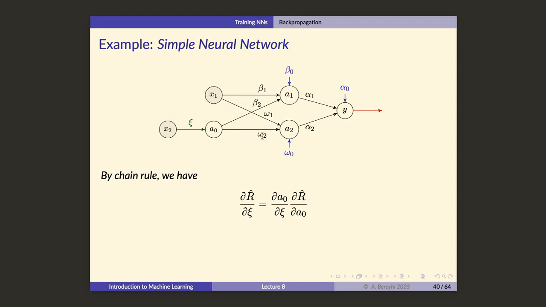Should I stop? No, because I also have a2, which is a function of a0. And that one is going to end up with loss as well, right? So I'm going to write it down as the partial derivative of the loss with respect to a2 times the partial derivative of a2 with respect to a0, right? Correct? Everybody's clear?